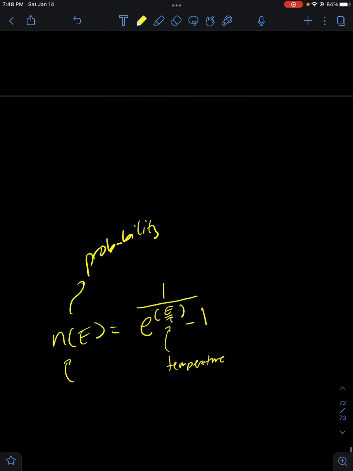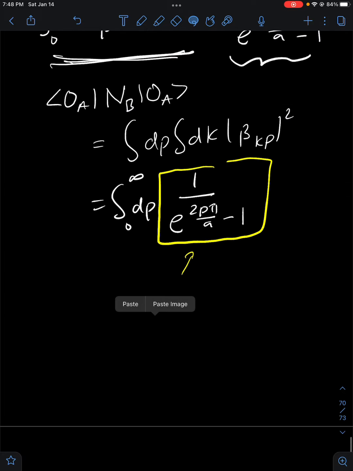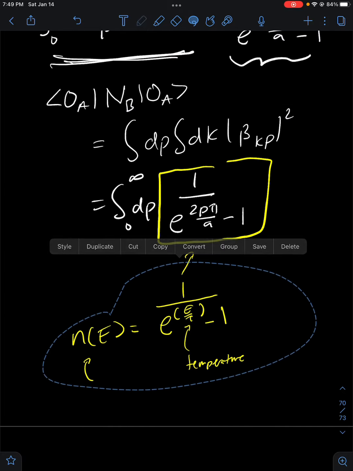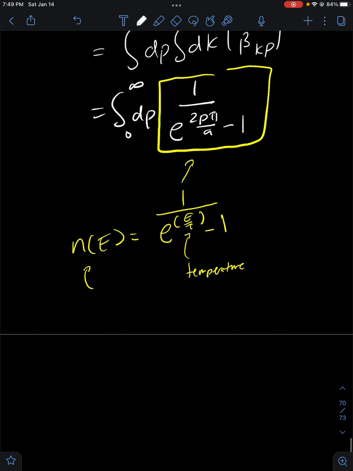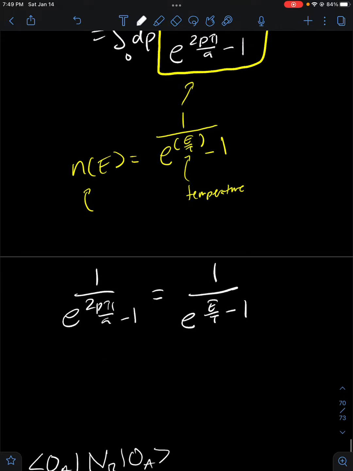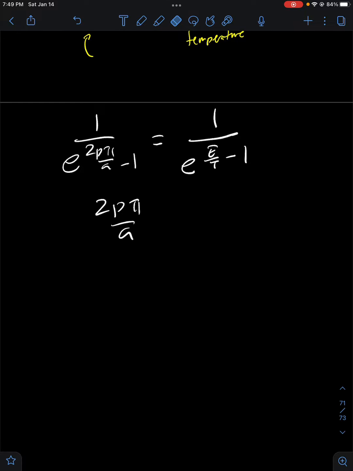In fact, let me just copy this formula and paste it. So it looks a lot like that. In fact, if we say that maybe they're equal, right? So if we take our hunch, or really Unruh's hunch, 2p pi over a minus 1, and assume that they're equal to each other, e over t minus 1, this means that 2p pi over a, let's erase this redundant stuff, equals e over t.